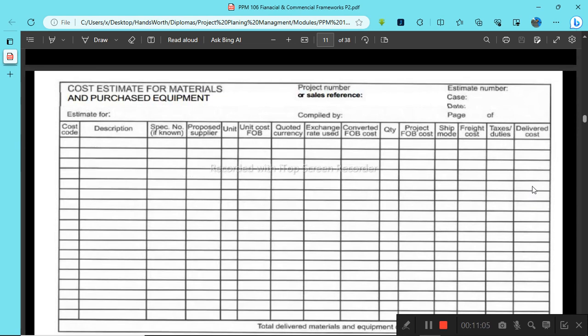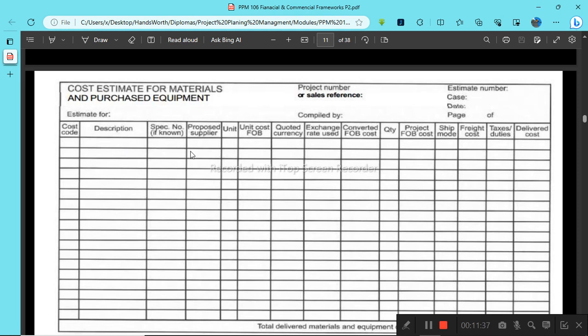All right, so we have another format here, which is used for estimating costs for materials and purchased equipment. This one is a little bit different, but nonetheless it is also used for estimation of costs. So here you can indicate cost code. For example, you have an item here, you describe what item it is, and you give it a code.